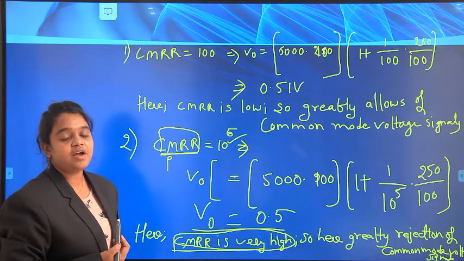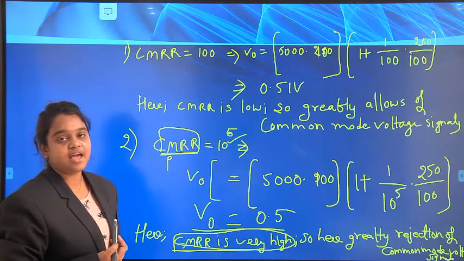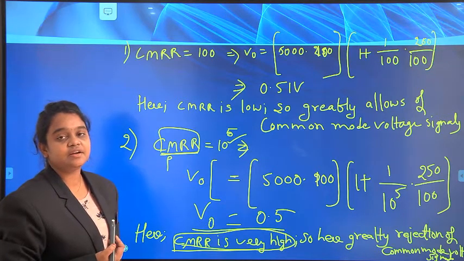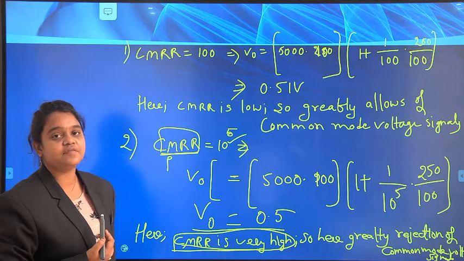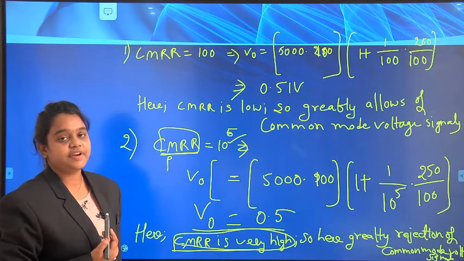So one of the features of a differential amplifier is that when there is a high CMRR, it is a good differential amplifier for designing a differential amplifier block.